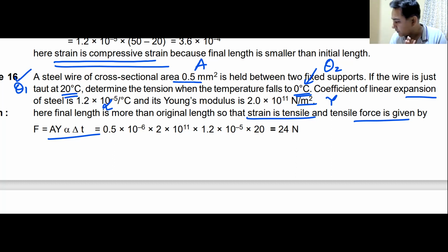Am I clear with this topic on thermal stress? Yes, sir. Okay. That just finishes one part of the linear expansion. In the next class, there are many more things. I will try to cover it in the next class. I will not do 2 or 3 examples on each type because once I do one example, the other examples follow.